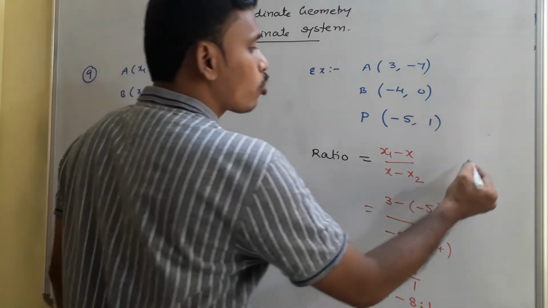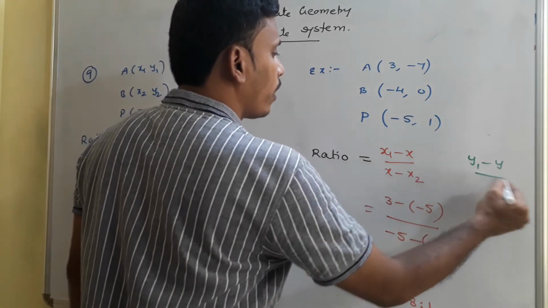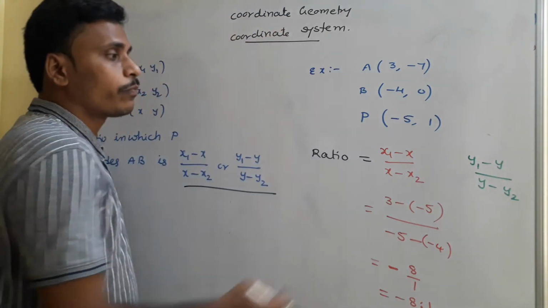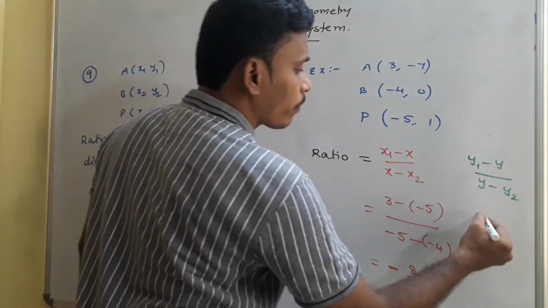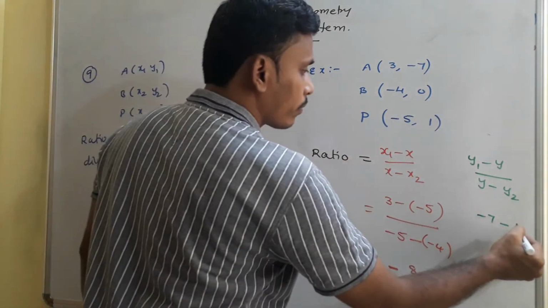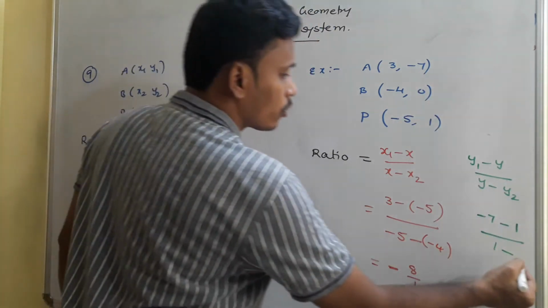For suppose if you wish to move with y coordinates, now the rule is y1 minus y divided by y minus y2. So what is y1? y1 is minus 7, minus y, what is y? y is 1, divided by y minus y2, that is 1 minus 0.